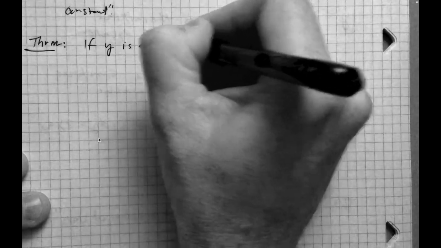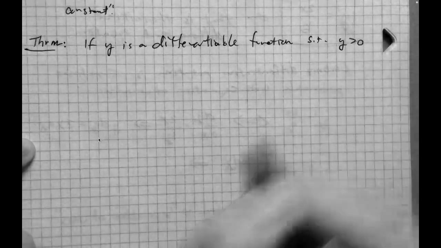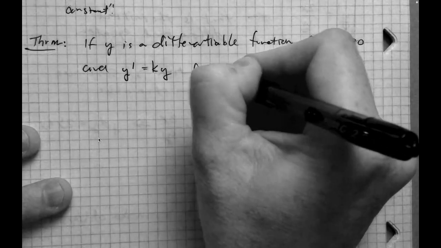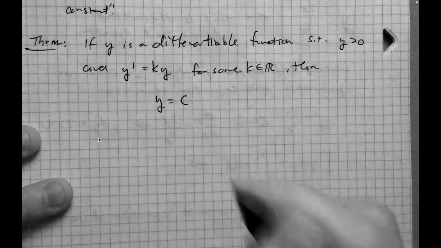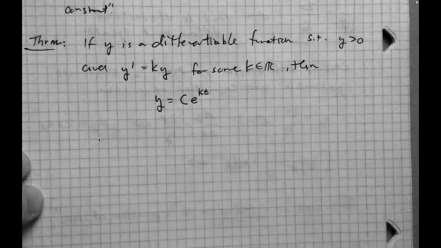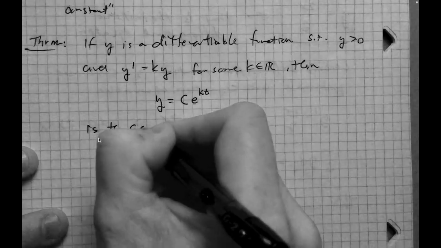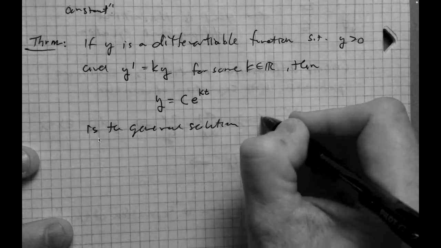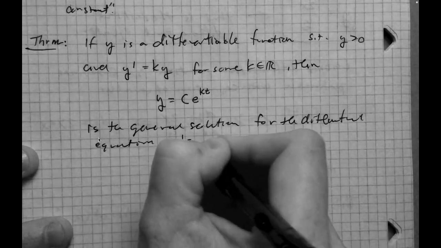So if y is a differentiable function such that y is greater than 0 and y prime equals k times y for some k in R, then y equals c times e to the kt power is the general solution for the differential equation y prime equals k times y.